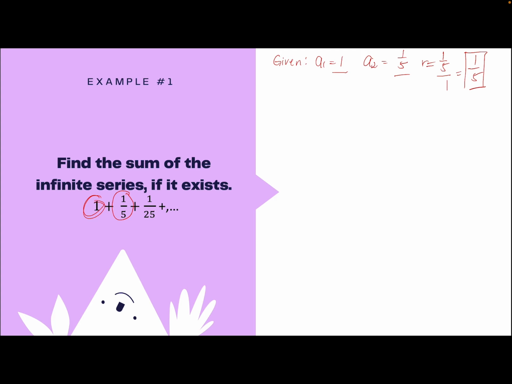So, therefore, yung series na to converges. I mean, the series converges because our R here is less than 1 or in between -1 and 1. So, ano ba ibig sabihin ng converges?